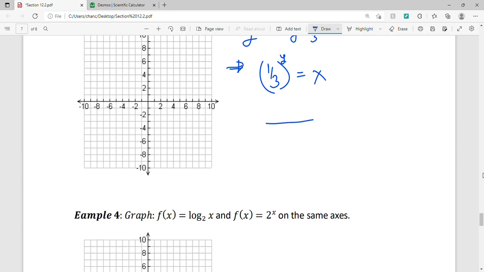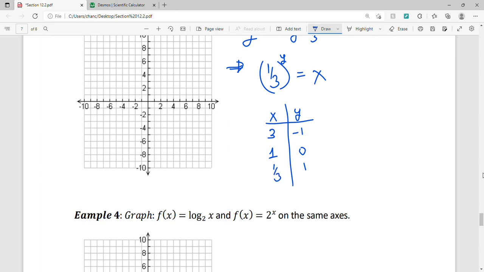And we'll make a table again. It's easier to pick the y. So we'll put -1, 0, 1. Plugging in these values into the calculator, 1/3 to the -1 is 3, 1/3 to the 0 is 1, and 1/3 to the 1 is 1/3.